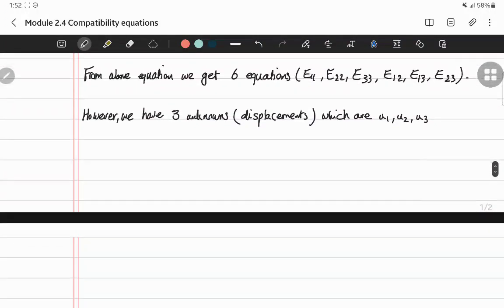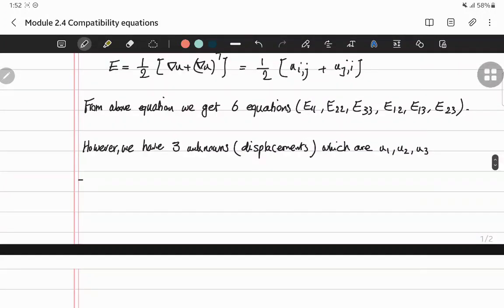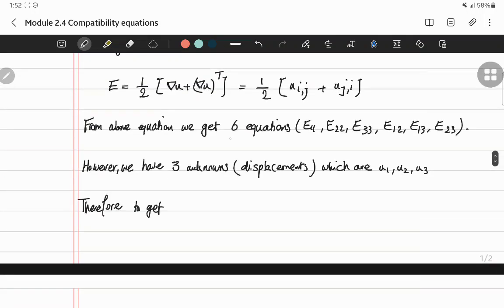So therefore, because here you see the number of equations is larger than the number of the unknowns, there is a possibility of having a multi-value solution.